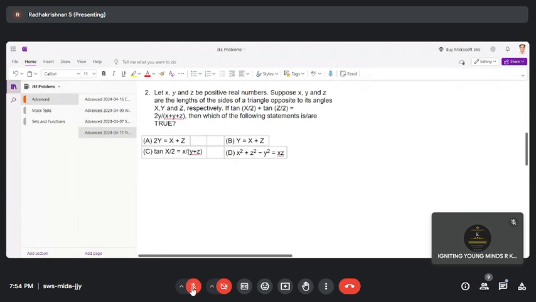Who remembers the formula for tan x by 2? Can anybody tell? Sir, r by s minus a.